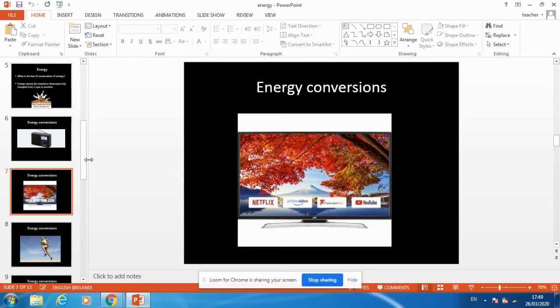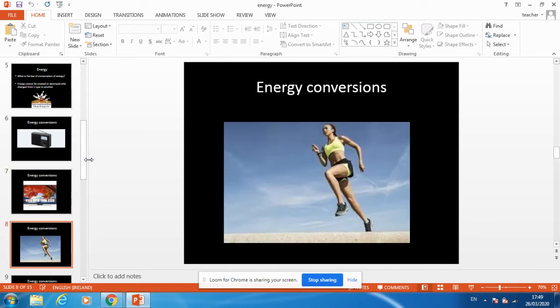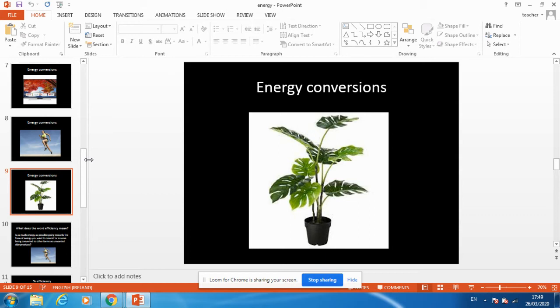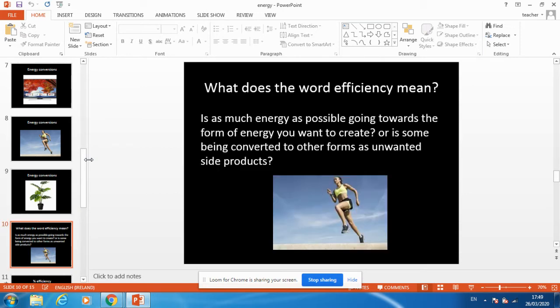That's one that's unnecessary or one we don't want. If we look at a runner, she takes in food, that's chemical energy, and she's converting it to kinetic energy. Again, there will be some unwanted transfers here as well, such as heat energy being created too. For plants, girls, if you look at photosynthesis, plants are able to take energy from the sun, and they're able to convert that then to chemical energy in food.